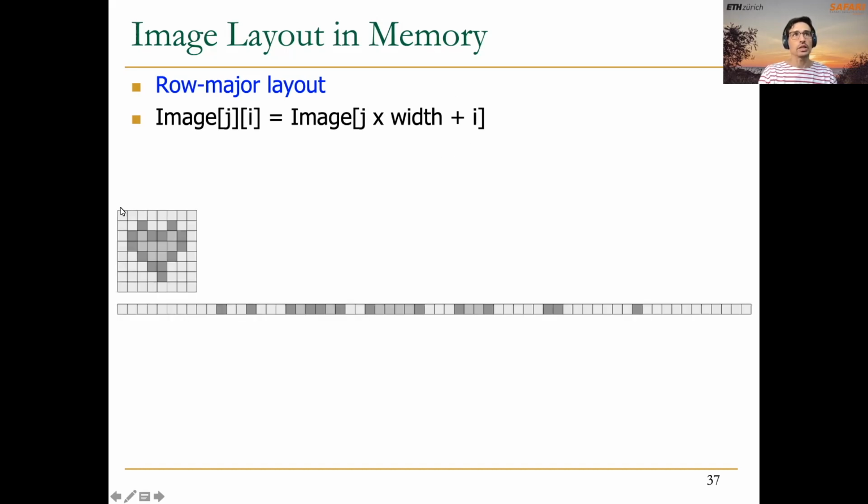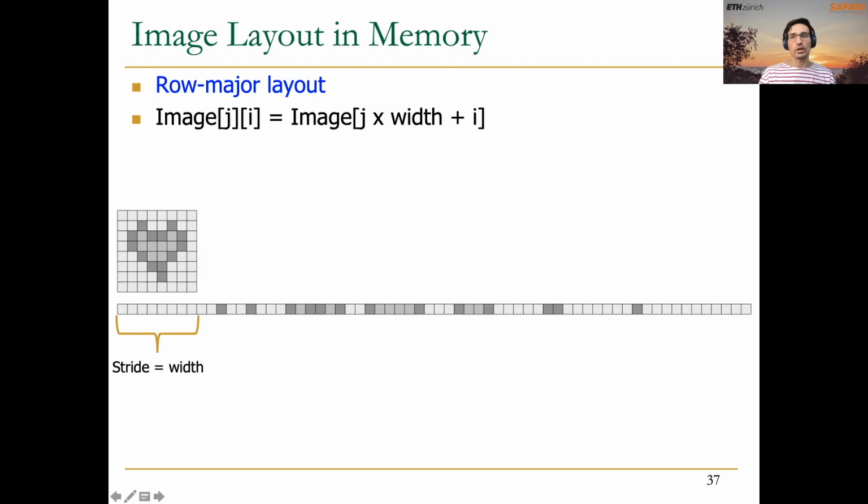Because our image has a certain width, to know the address of one specific pixel, we have to multiply the row index times the width of the image, and then add the corresponding column index.